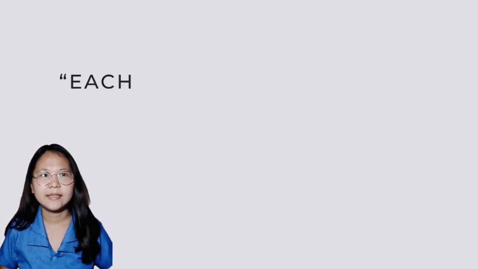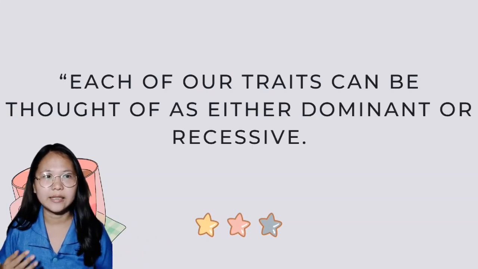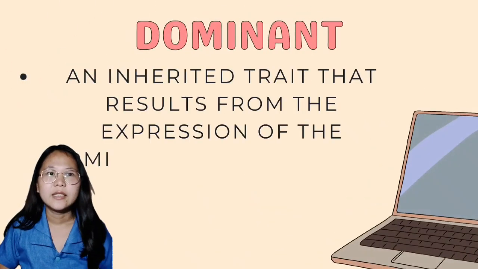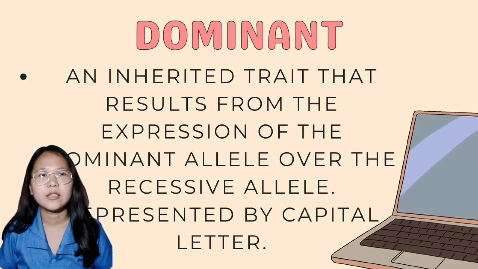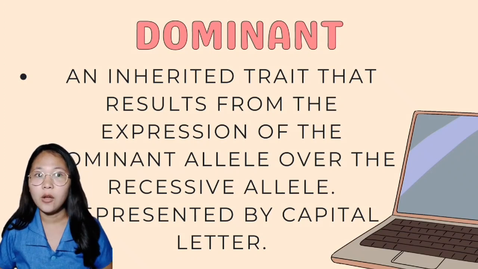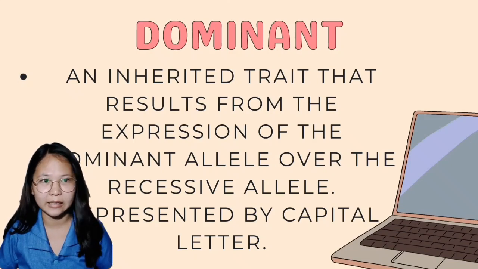Next, each of our traits can be thought of as either dominant or recessive. Dominant is an inherited trait that results from the expression of the dominant allele over the recessive allele.